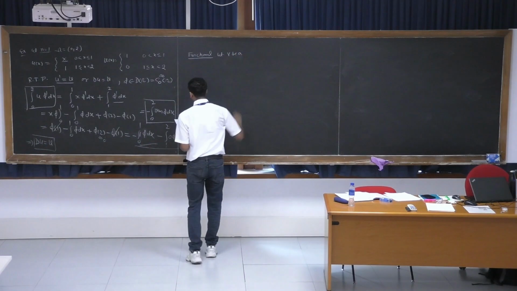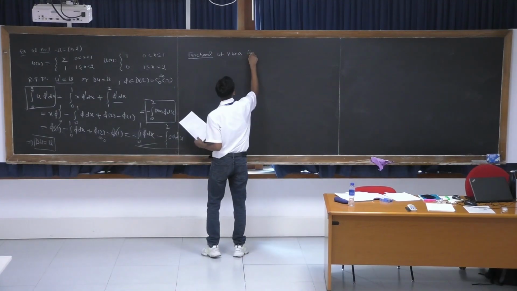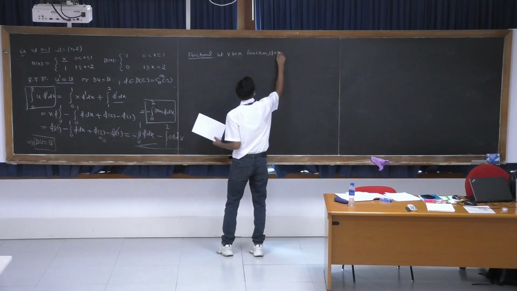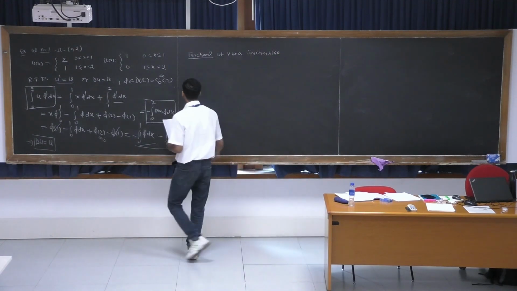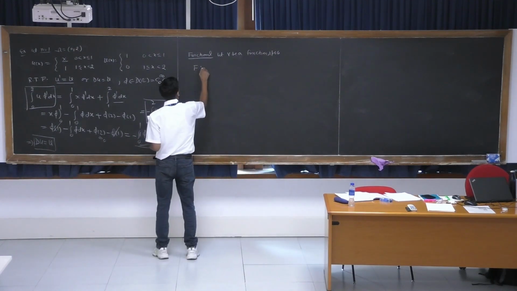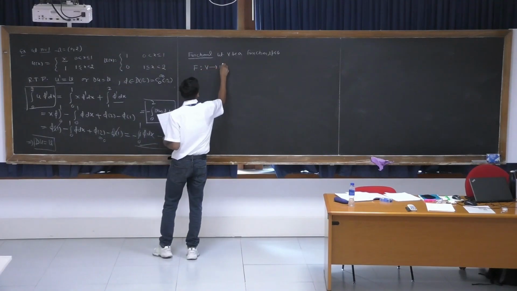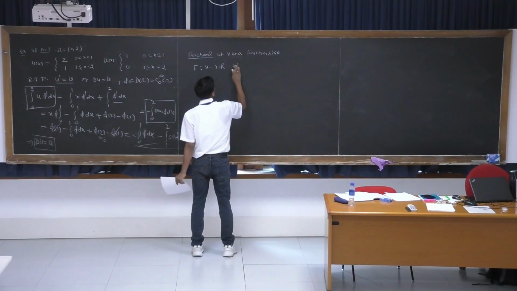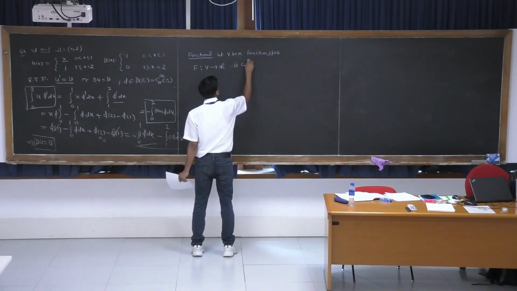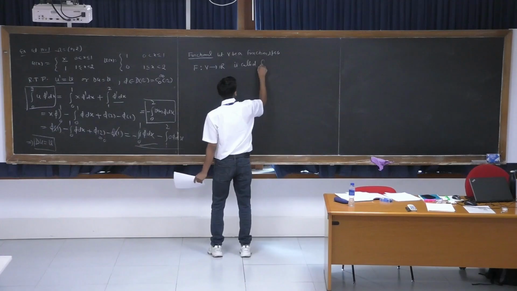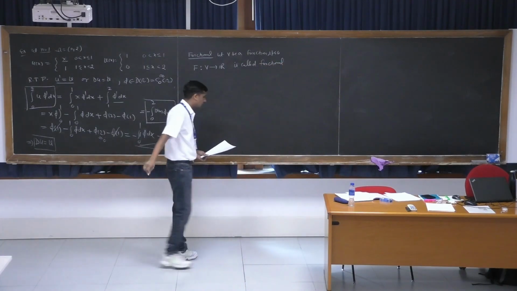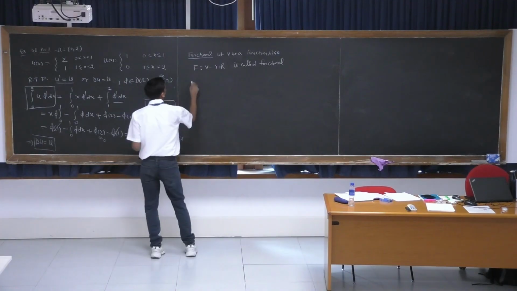Let V be a function space, or you can say vector space. So f is any function from V to R, and it is called a functional.